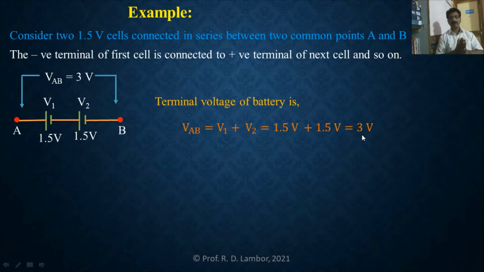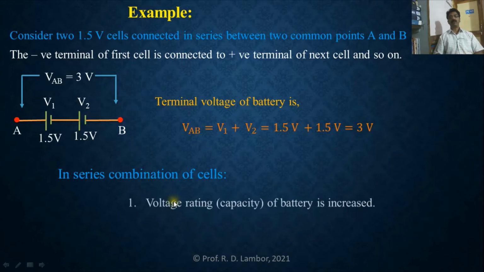So in this way, in series combination of cells, the voltage capacity, or voltage rating, of that battery increases. But what is happening to the current capacity? The current capacity of the battery remains the same as that of one cell. So in series combination of cells, we get three results.